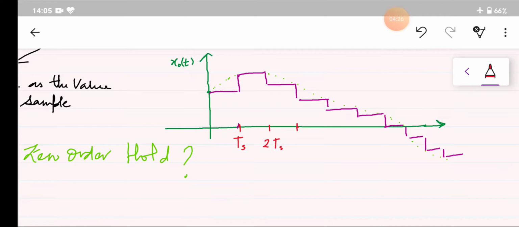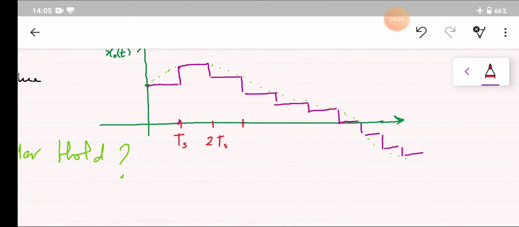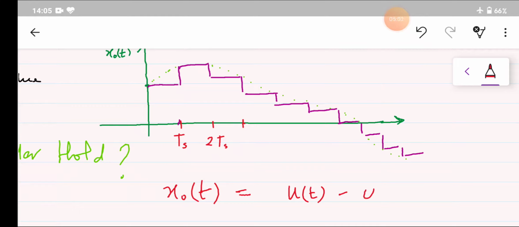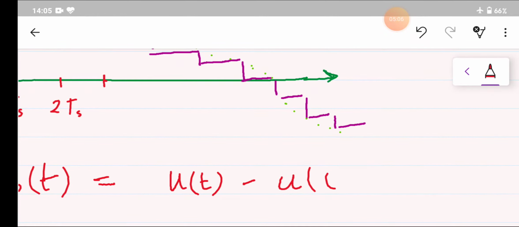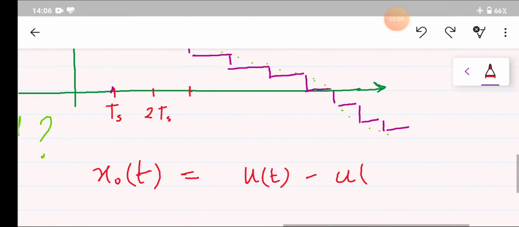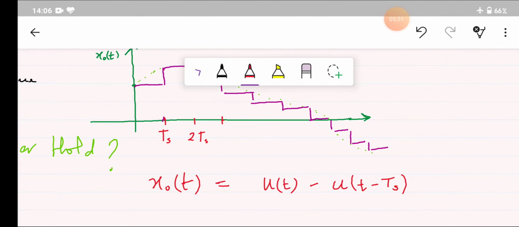Okay, so we can write x naught t as ut minus ut minus ts, if we consider the individual part.